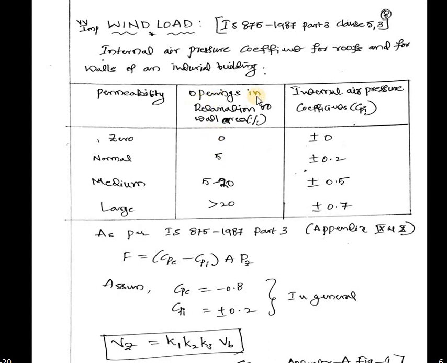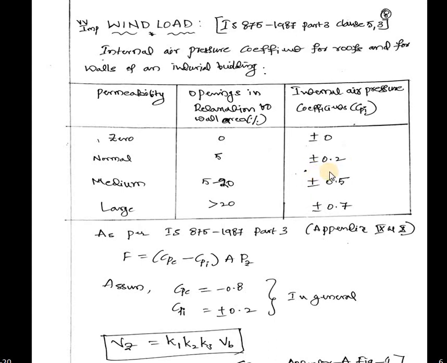If the percentage of openings in relation to wall area is 0%, then the internal coefficient is plus or minus 0. If it is 5%, then you can call it normal, and internal air pressure coefficient is plus or minus 0.2.